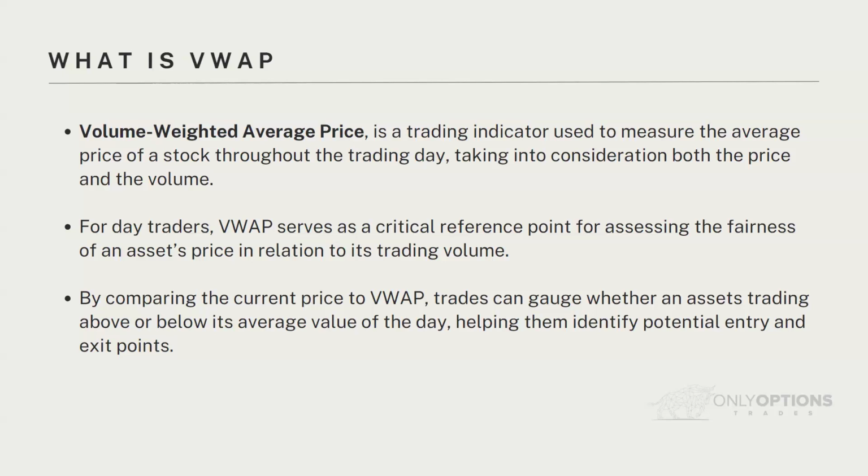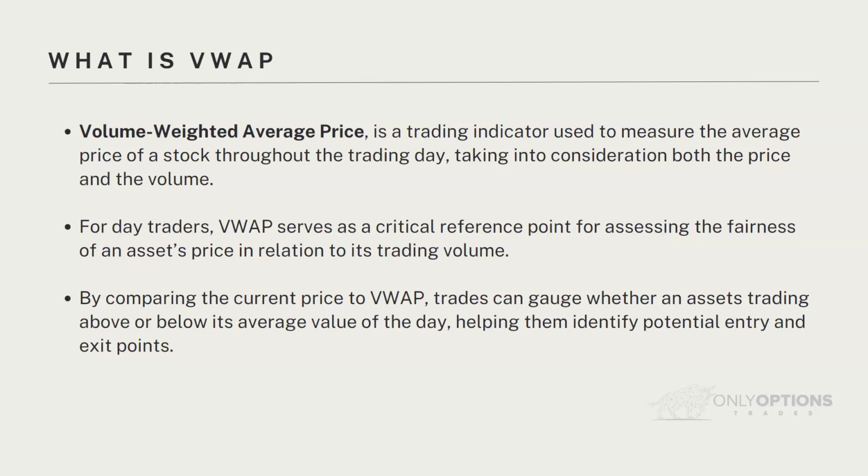So VWAP is a really useful indicator that, as we are taught, mostly the bigger companies use. All the institutional traders use VWAP to make their share purchases, and I will go deeper into that later on. But that's their main indicator to see if they're buying or selling. So what is VWAP?